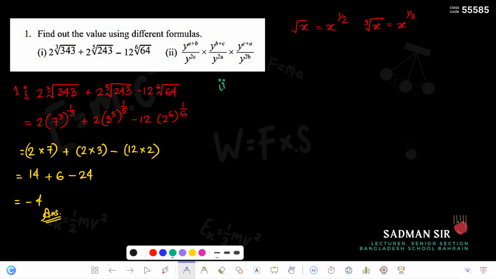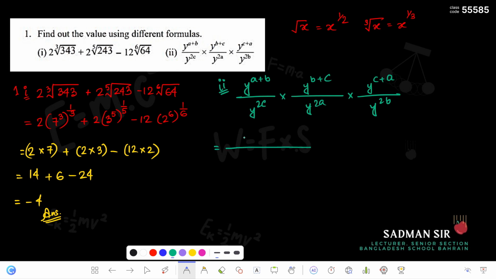Then let us try to solve number two. Number two is y to the power a plus b, and the denominator is y to the power 2c. So we will continue writing the next terms also: y to the power 2a into y to the power c plus a and y to the power 2b. So now from here we can write it like this.